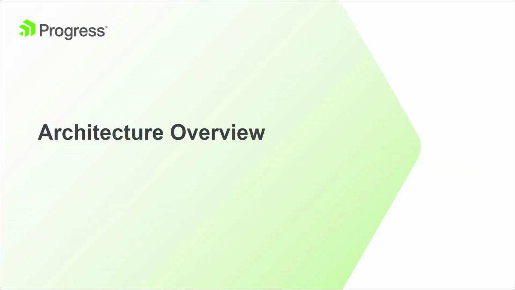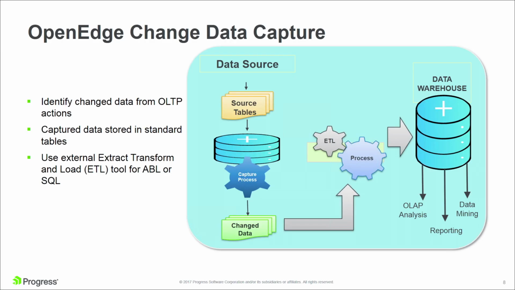So let's look a little bit at the architecture overview, just from a very high level, so you have a better understanding of how CDC is designed from an architecture standpoint. So as we've said, you can identify changes that happen from OLTP transactions. Those are creates, updates, and deletes that happen against your production database. In this picture, it shows your data source. So you have your source data, you have your source tables, and then you have CDC, the capture process that happens inside the database engine.